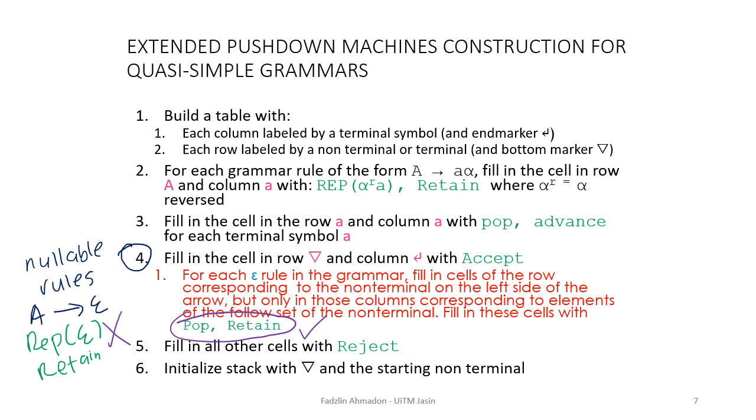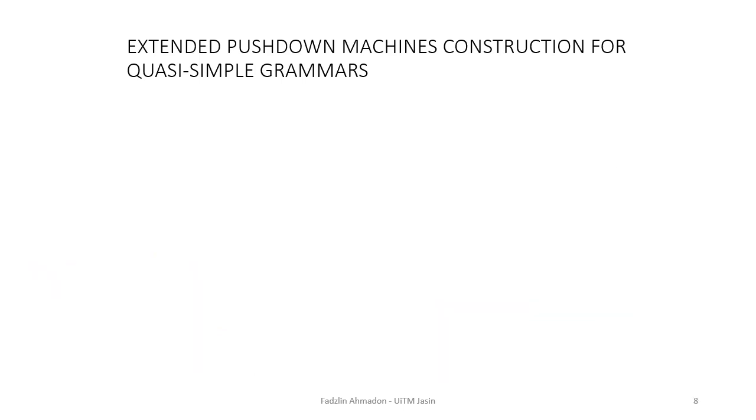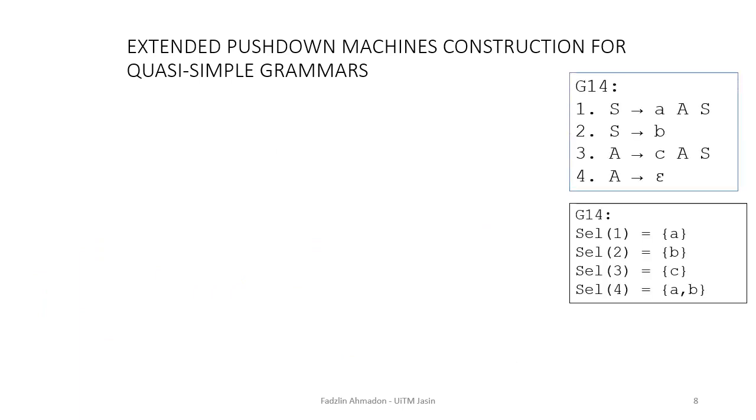for a quasi-simple grammar. Now, let's construct an extended pushdown machine for grammar 14. So this is grammar 14 and the selection sets. First, I'm going to count the number of symbols in grammar 14. We have 2 non-terminals, and we have 3 terminal symbols, and then at the end we're going to need 1 bottom marker.